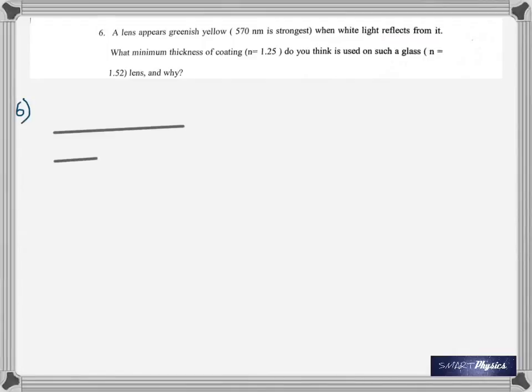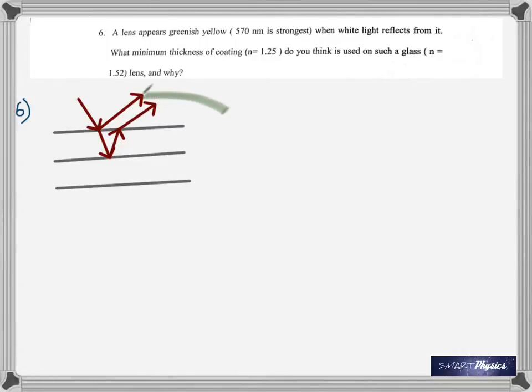All right, directly, let's draw this diagram. So what happens here is the incident ray is reflected and partly refracted. And the refracted part is again reflected and then refracted back. So you see that this is traveling through.